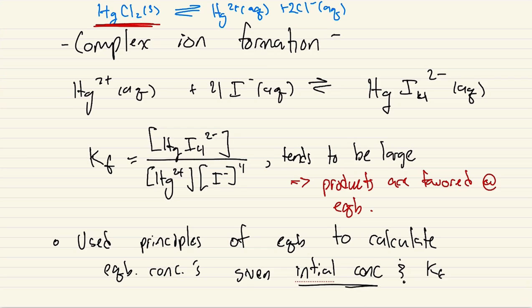These are the two things that we need to solve for equilibrium concentrations, which is really the two things that we've needed for all of our equilibrium problems. If we're ever looking for the equilibrium concentration, we need initial concentrations and the equilibrium constant for that process. And what was the tool that we used to do that? How do we calculate equilibrium concentrations? Ice tables, right? So this is where we use ice tables.